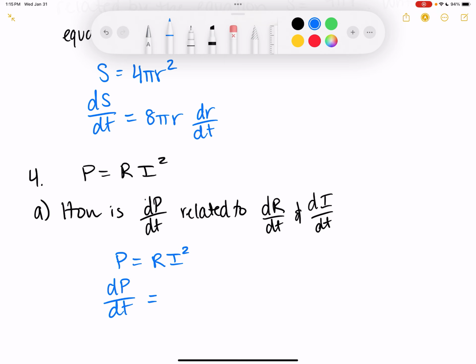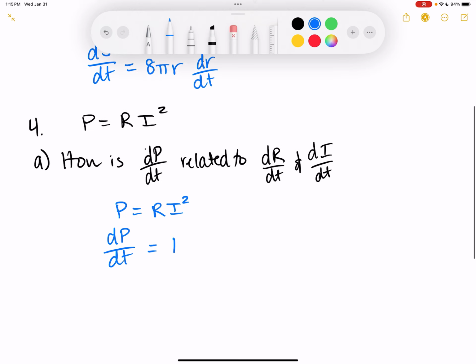So the first times the derivative of the second, or it doesn't really matter what order, but first, so R times the derivative of the second is going to be 2i di dt plus the derivative of the first, dr dt, times the second, I squared.